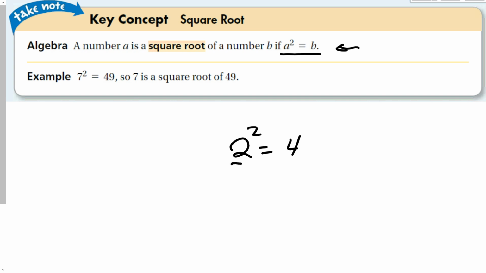So this number a, which is 2, is a square root of this number 4. Even better with this example, 7 is a square root of 49 because 7 squared is 49. So any number squared is a square root of a bigger number.